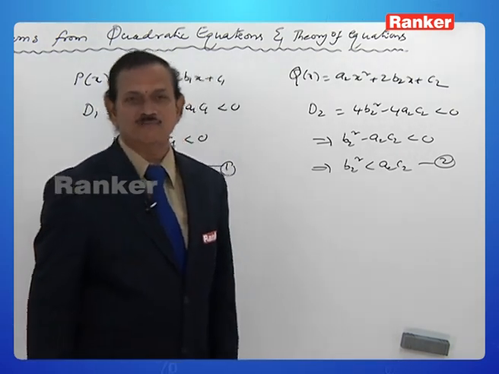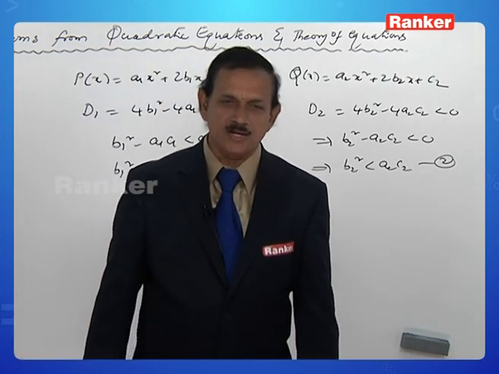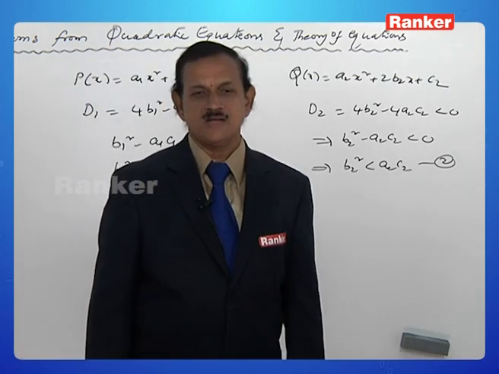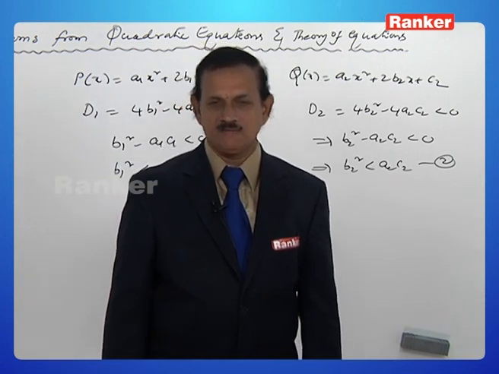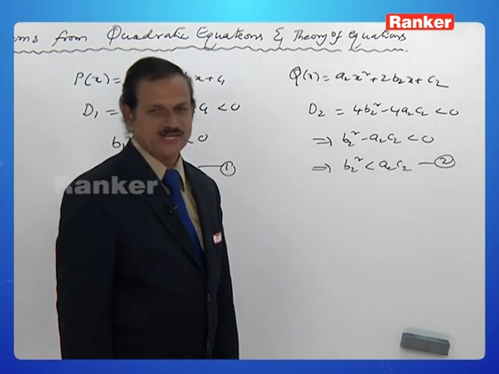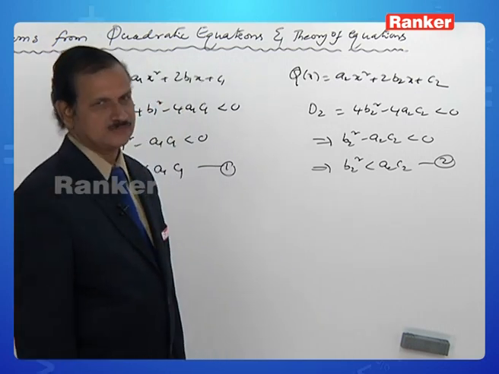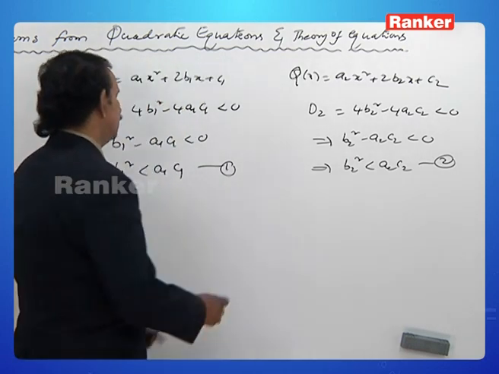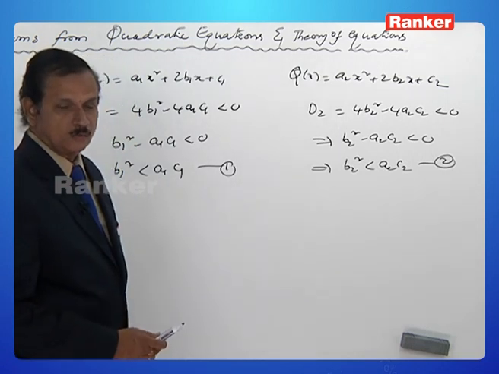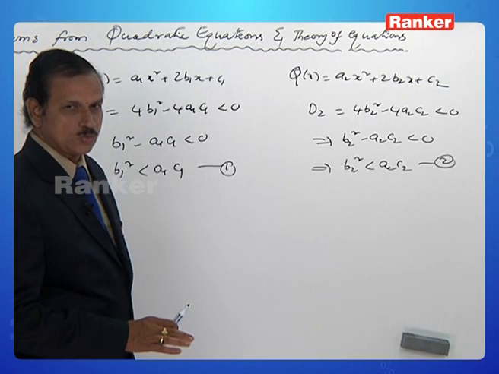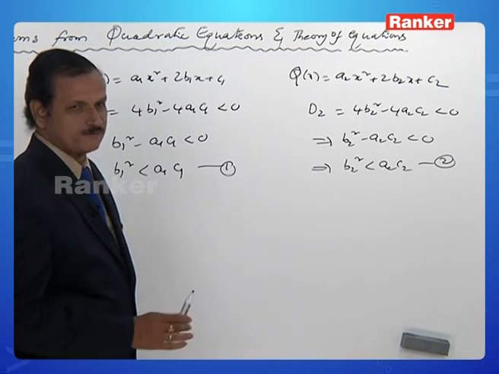Let us now think of the requirement. What is the requirement? He is inquiring of the nature of g of x. What is g of x? a1 a2x square plus b1 b2x plus c1 c2. By looking at the options, we can take a particular decision when we find the discriminant of g of x.